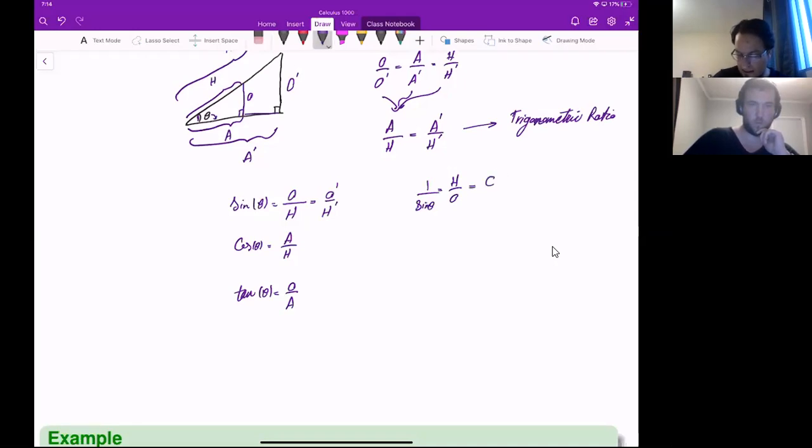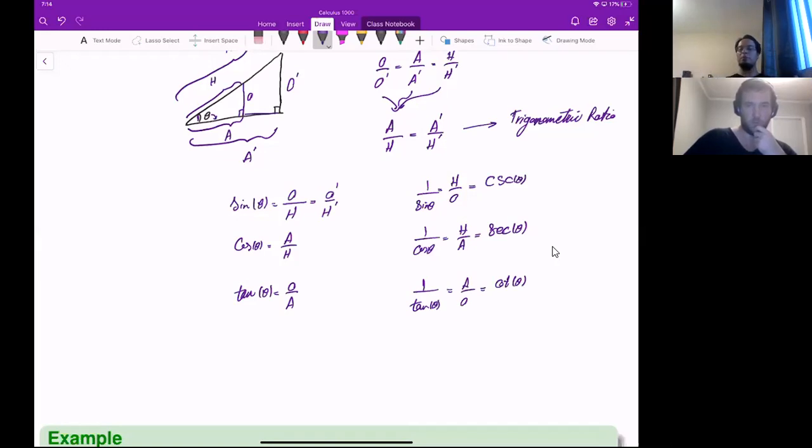The way we write it, CSC of theta. 1 over cosine theta is H over adjacent, which is what we call secant theta, and 1 over tan theta is A over O, which we call cotan theta.